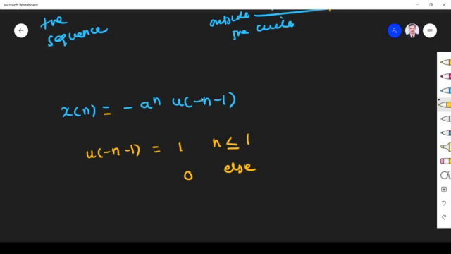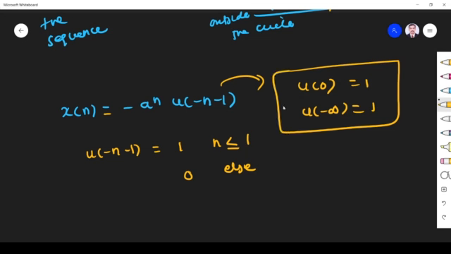When you substitute n equal to −1, it becomes u(0). When you substitute n equal to −infinity, it will be 1. So when you substitute n equal to 0, u(−1) will come, which is 0, because u of a negative value is 0.